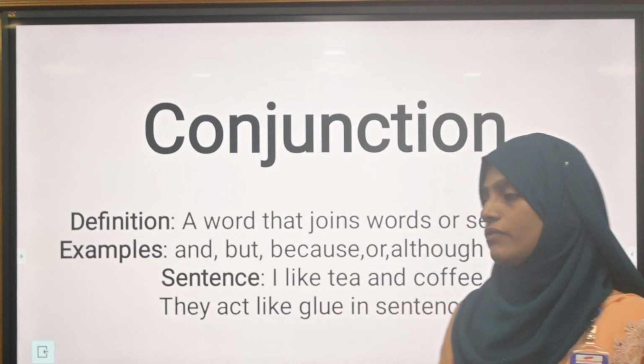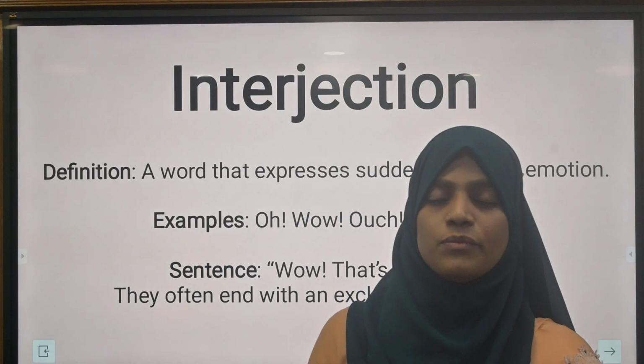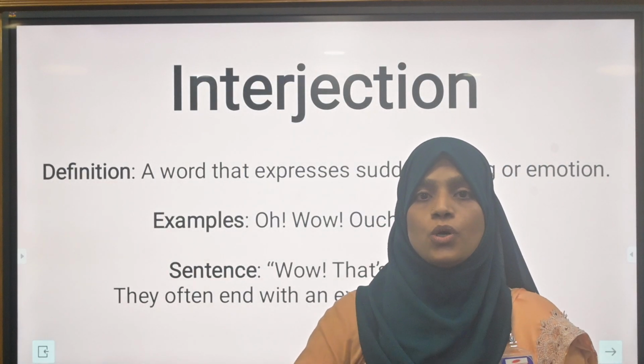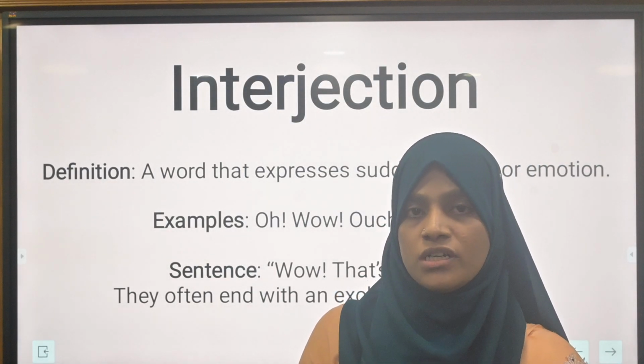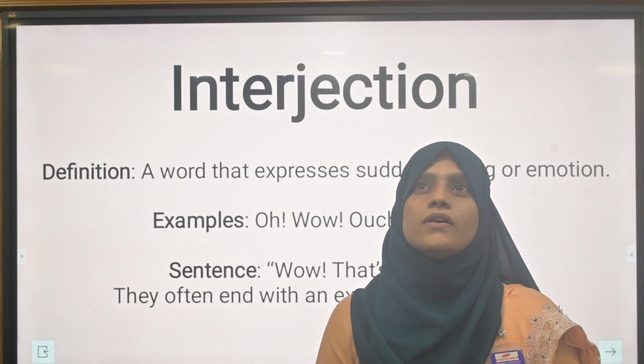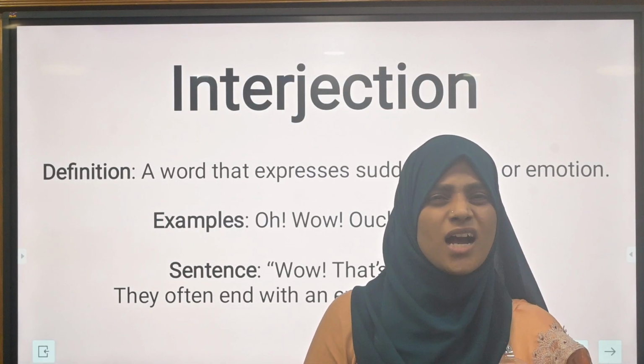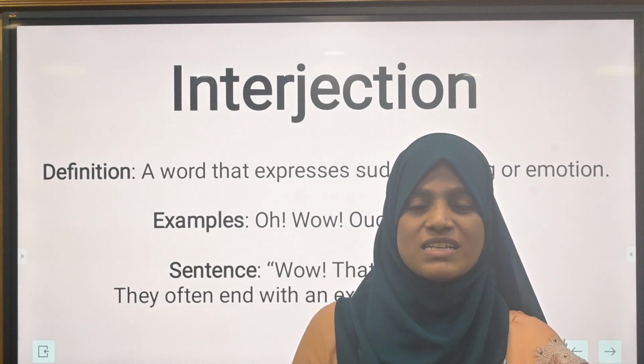And finally, we move on to the interjection. It is just a simple thing. When we want to show a sudden feeling or an emotion, we use an interjection, like oh, wow, ouch, and yuck. So these are all sudden feelings, isn't it?